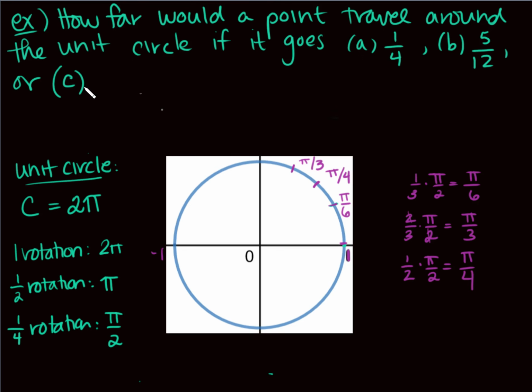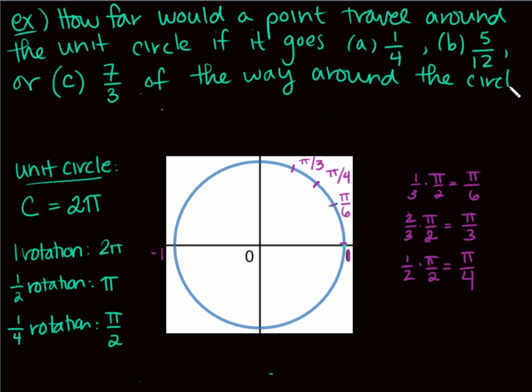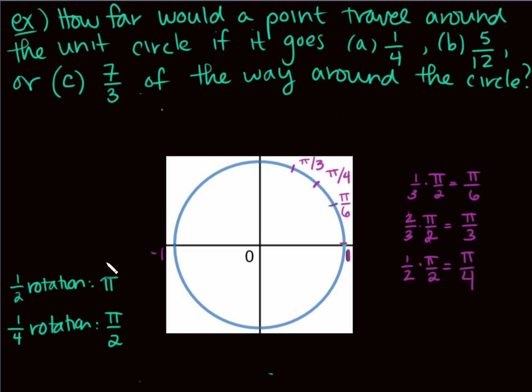What about 7/3 of the way around the circle? All right, so how far would a point travel? I actually want to know that distance around the circle, if it goes around 1/4 of the way around, 5/12 or 7/3 of the way around the circle.